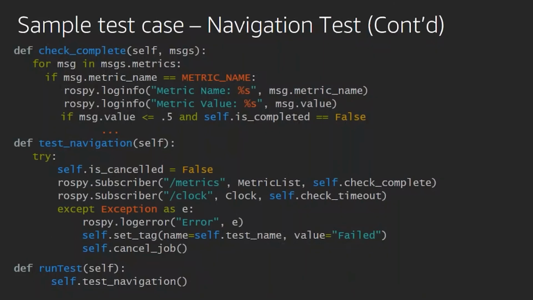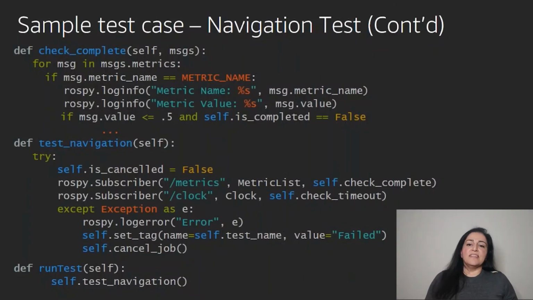Then you can see the conditions: the timeout hasn't happened, so it's still within the time frame, and the robot has reached within 0.5 meters of your target. Again, you can change that, and maybe that's something you can do in the workshop, make changes to the various scenarios in this test case to see what different metrics or behaviors you can get.